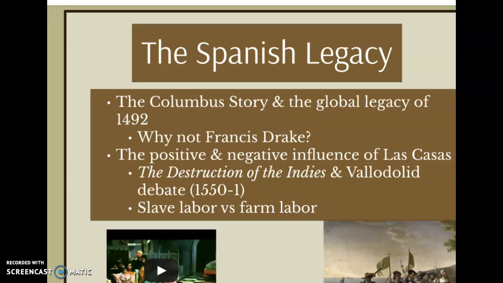Different theorists will talk about why, when we think about American history, we mention Columbus, and it is very much the founding story, and kids still learn about that. But it's funny, that story is complicated in and of itself. Obviously, it's complicated because of what happens to Native Americans, and you're reading about some of that, and you can continue to see stuff about that in the course.